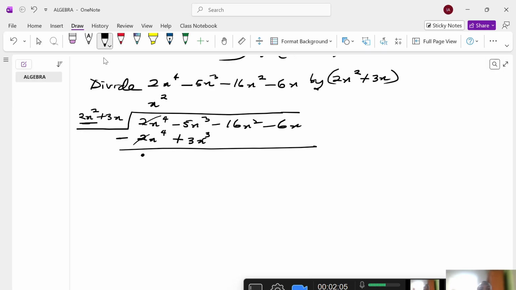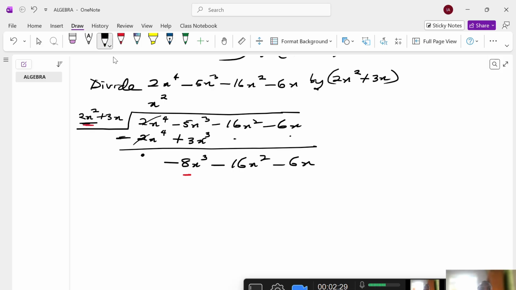So minus 5x cubed minus plus 3x cubed. Minus times plus gives me minus. So minus 5x cubed minus 3x cubed gives me what? Minus 8x cubed. There are no like terms down here, then I have minus 16x squared minus 6x. So at this point, x cubed, now divide by 2x squared as usual.